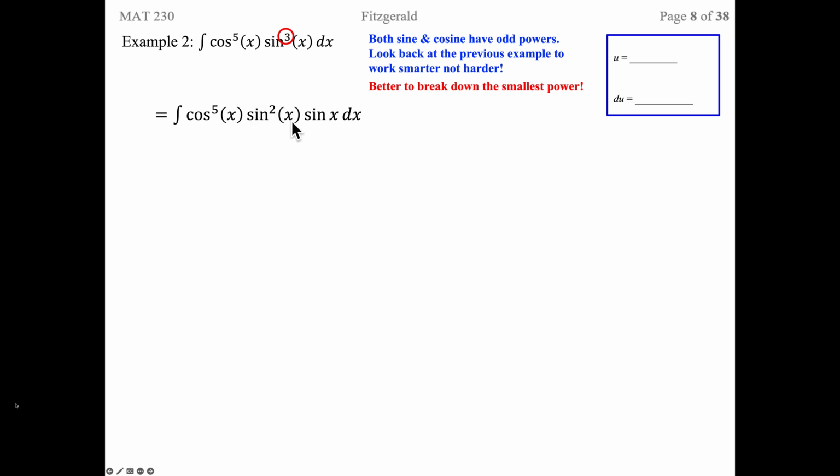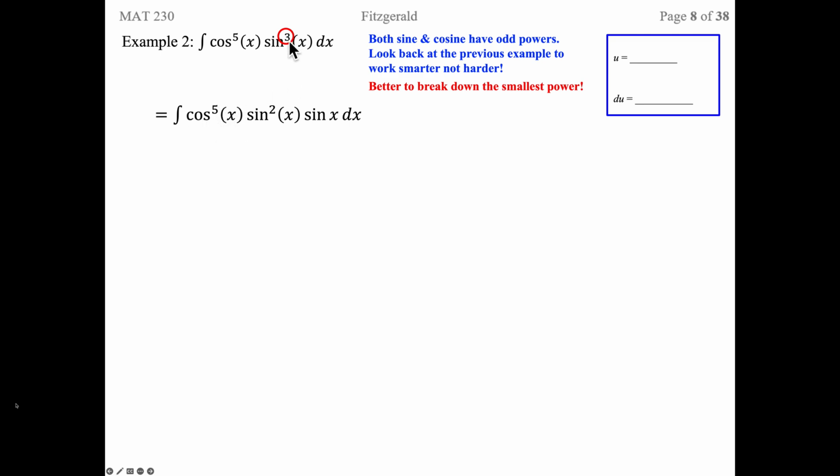I don't have to have a trig function to a power, whereas if this was cosine to the 4th power of x, I would have to break it down to cosine squared of x, all of that squared, and then put in 1 minus sine squared x, and I'd have to FOIL that.